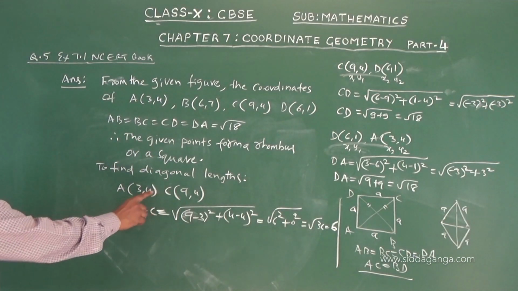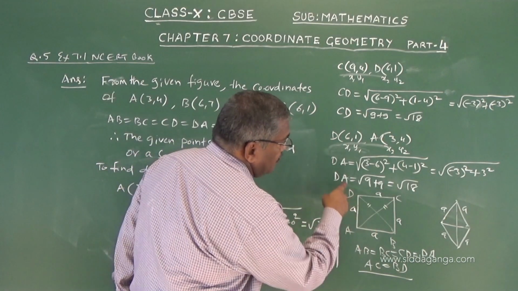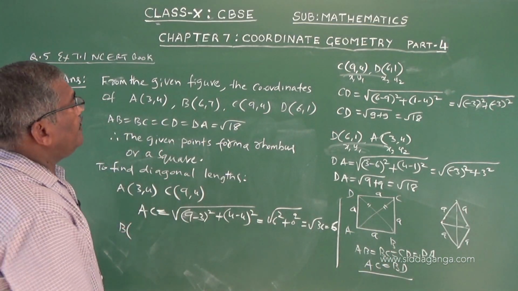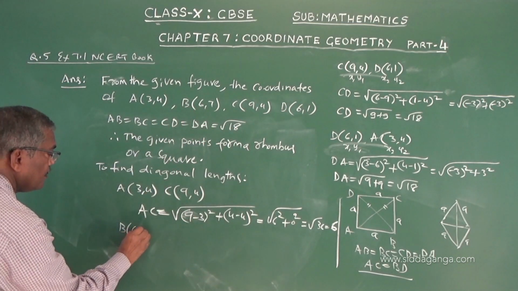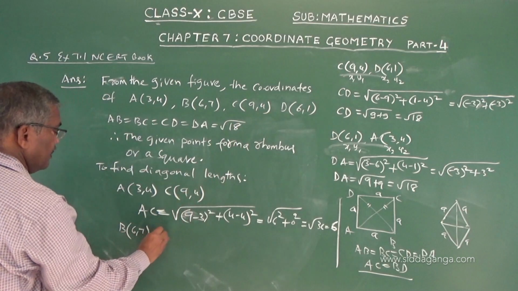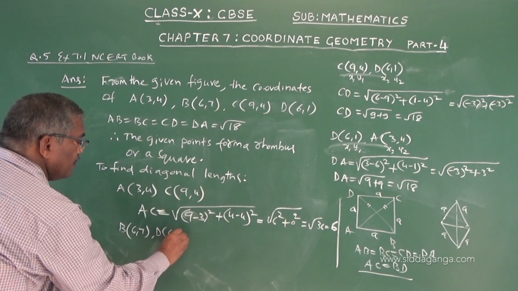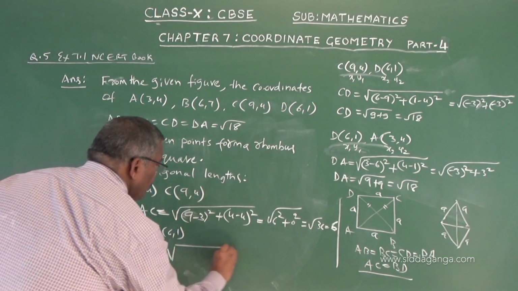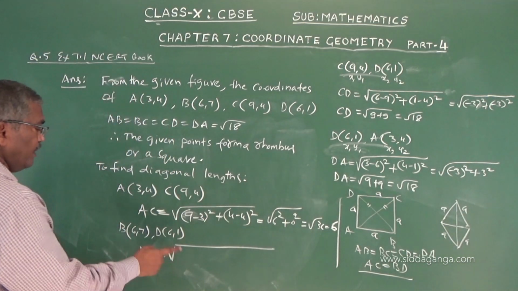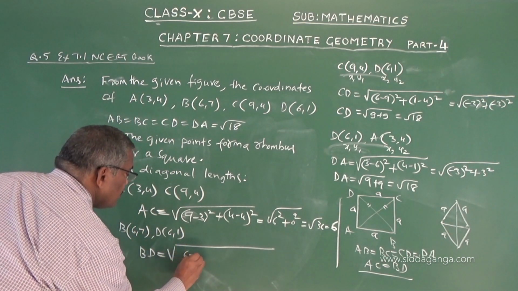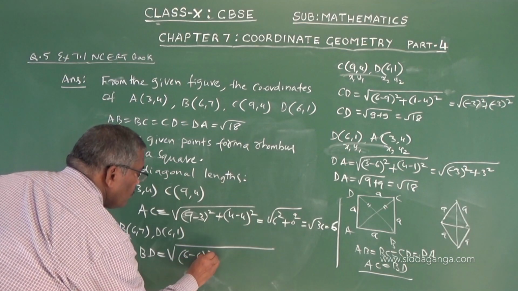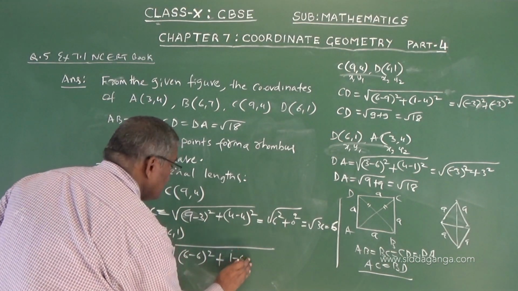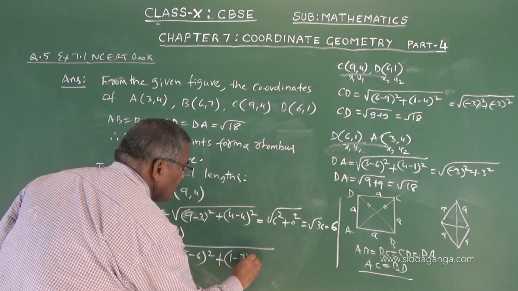Now we have to find BD. B is (6, 7), D is (6, 1). So BD equals square root of (x2 minus x1), 6 minus 6 whole square, plus 1 minus 7 whole square.